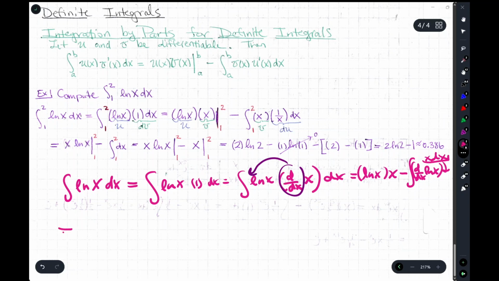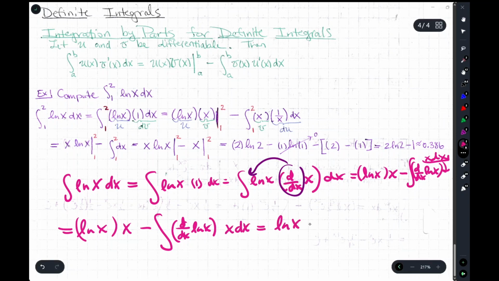So if we write this out again, we'll have d dx natural log of x times x dx, and these two functions are being multiplied, natural log of x and x. That second x is not in the natural log.